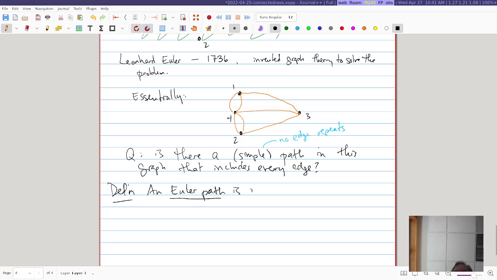An Euler path is a simple path containing every edge of a graph. And we can also say an Euler circuit is an Euler path that is a cycle.